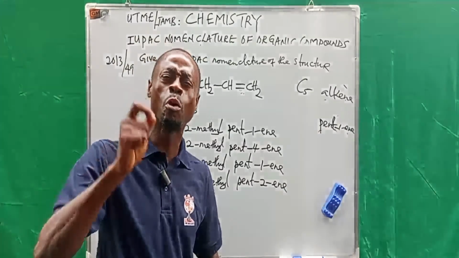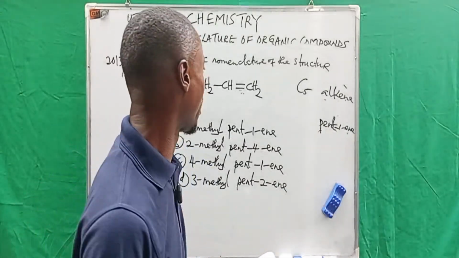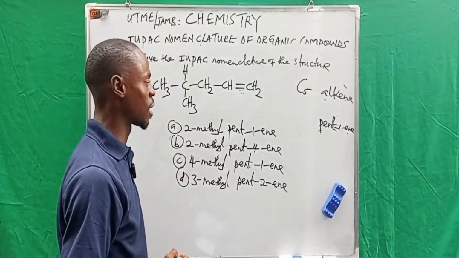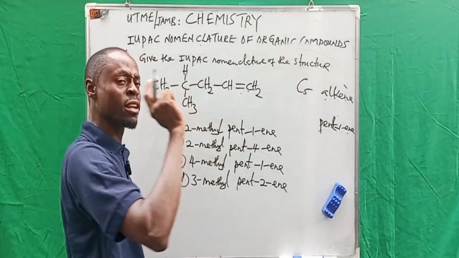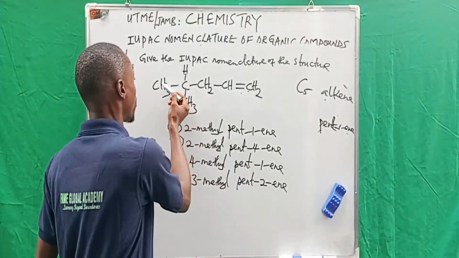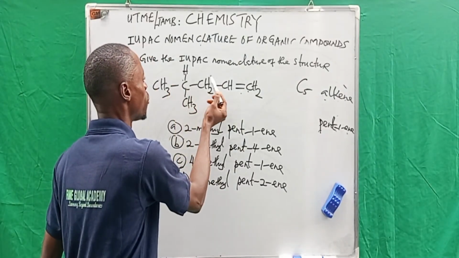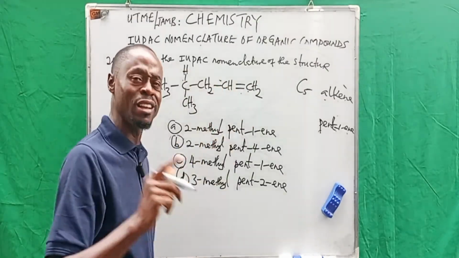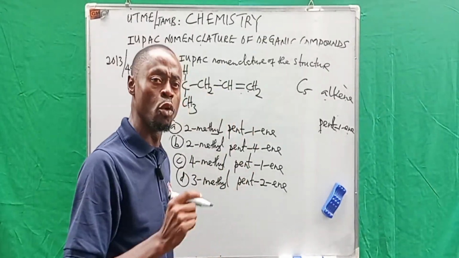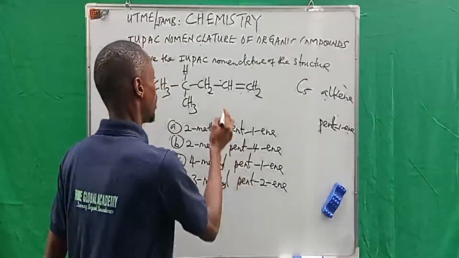You must number from that direction. Looking at this structure critically, at carbon atom 1, that's where we have the functional group. So it's wrong to start numbering from this end: 1, 2, 3, 4. At carbon atom 4, that's where we have the functional group from that direction. So the correct direction to start numbering is from this direction.